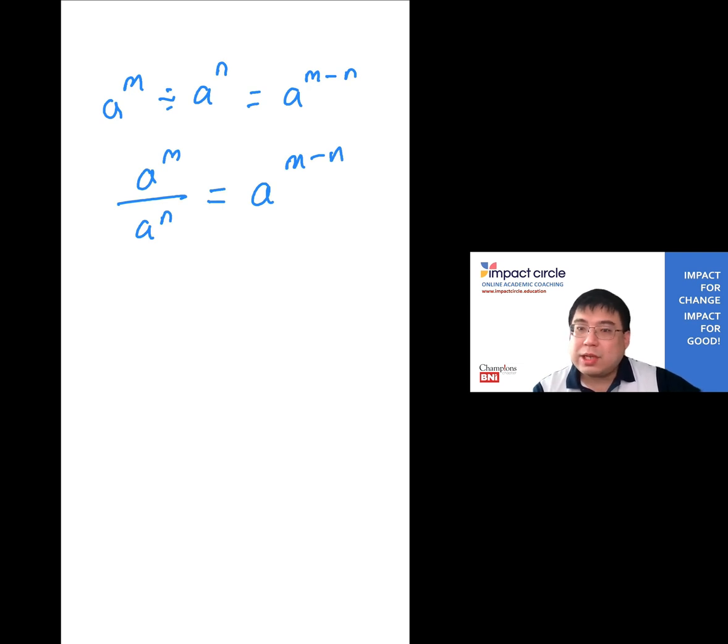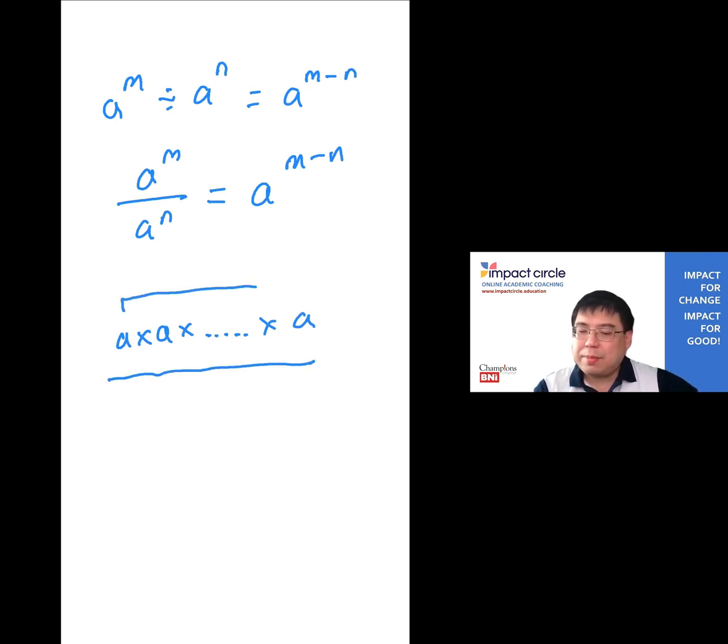So just like before, what is a to the power of m? A to the power of m is really just a times a times a, and so on, and you have m copies of a. And at the bottom, same thing.